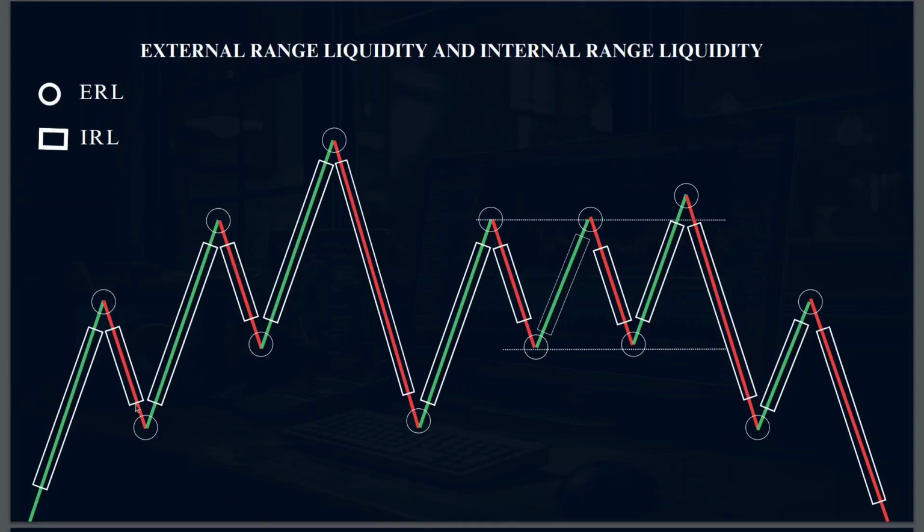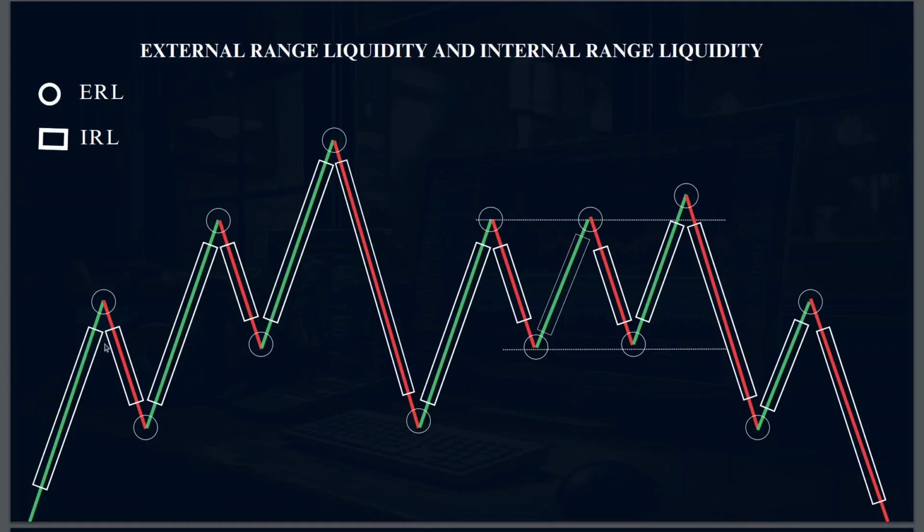When price pushes down to this area, we have these sellers who place their stop loss orders here. All this area becomes a key liquidity area, and price always gravitates to this area to take up that liquidity.